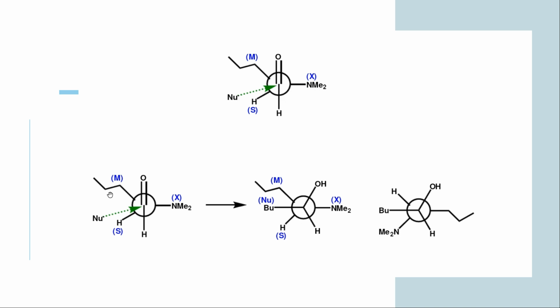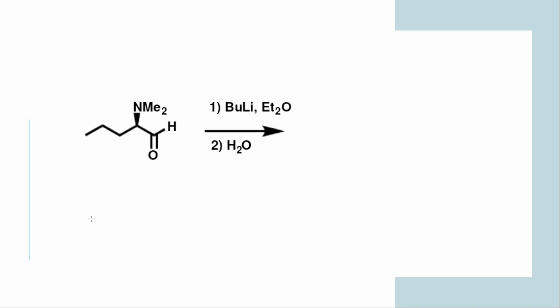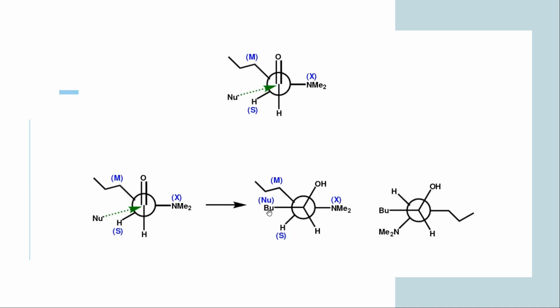This is the attack that is basically taking place. What is the nucleophile here? Butyl, from butyl lithium. So this butyl is incoming from this side, and it is shifting the O, the CO and the CH towards this face.